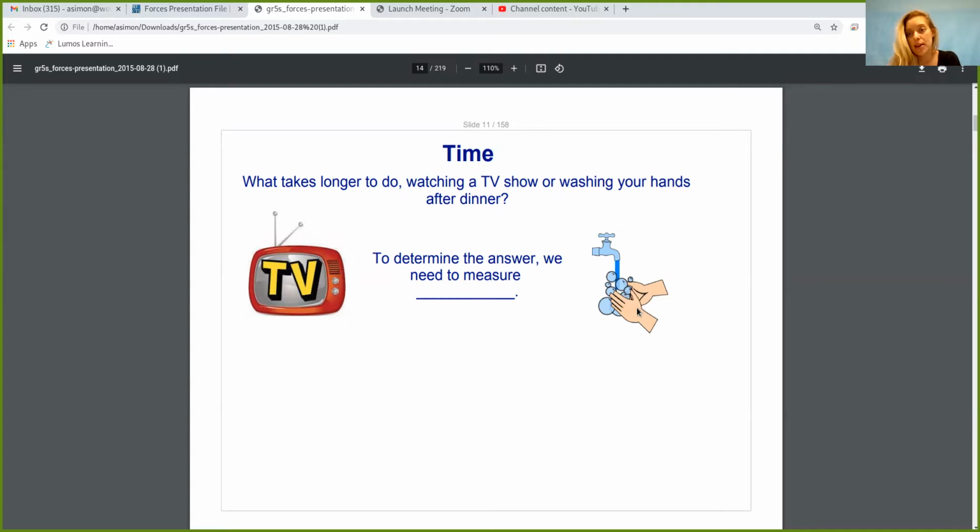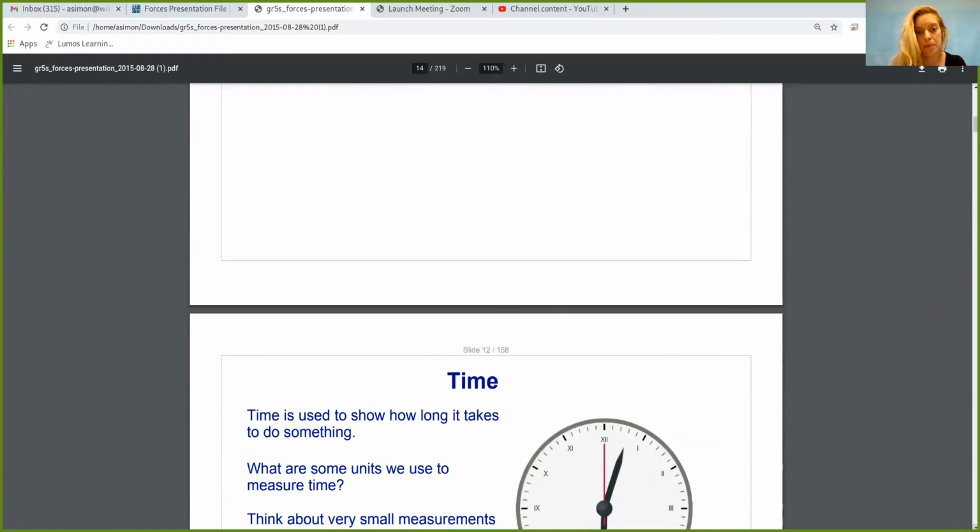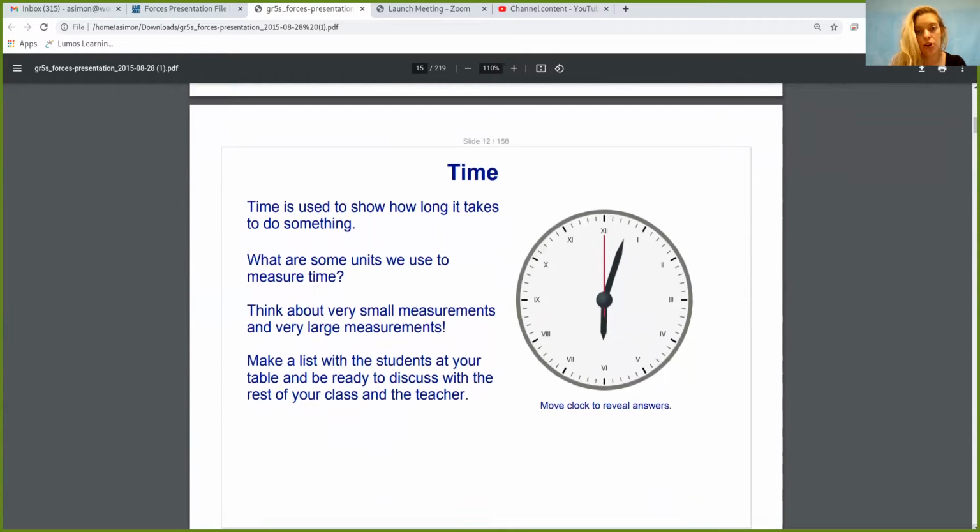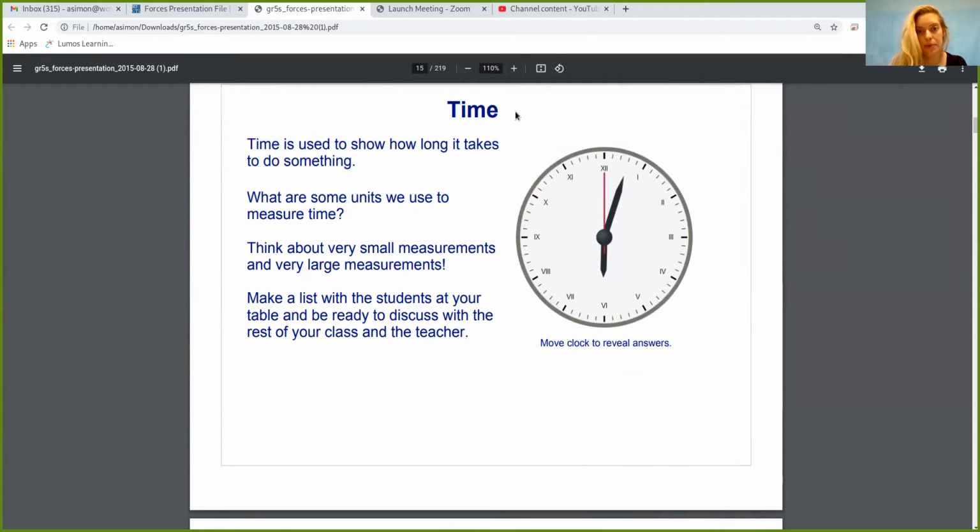Again, time is how long it takes to do something. So, in our notes, please, time at the top. Time is used to show how long it takes to do something.